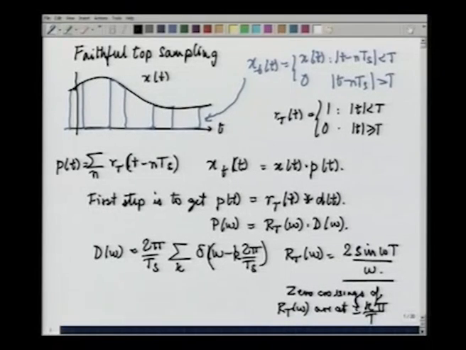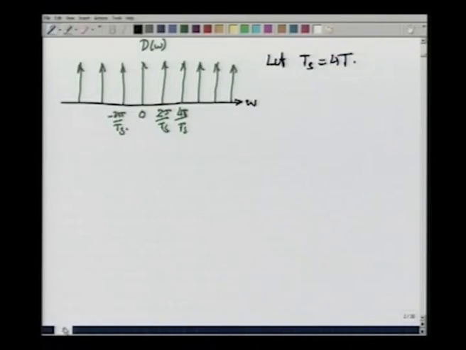We can just say they are at k pi by t, all right.